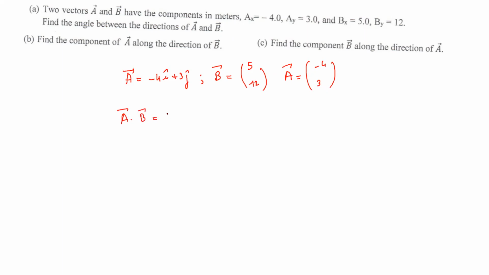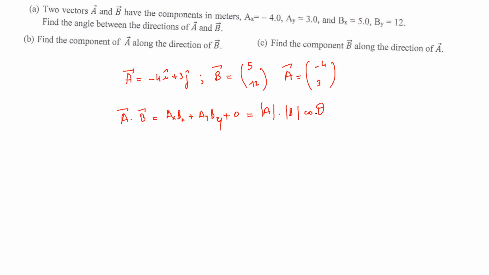Of course, I have two formulas. It's AX BX plus AY BY plus AZ BZ, which is 0 here. Okay. But also it's equal to the magnitude of A multiplied by the magnitude of B multiplied by the cosine of the angle between them. Let me call it theta.